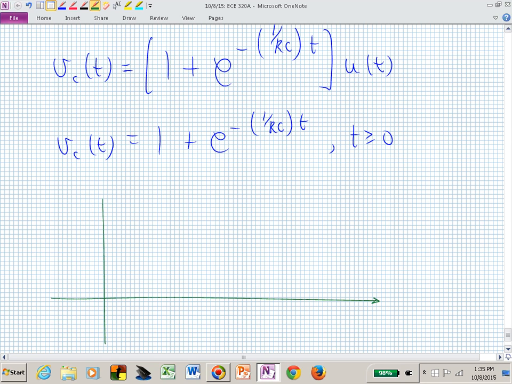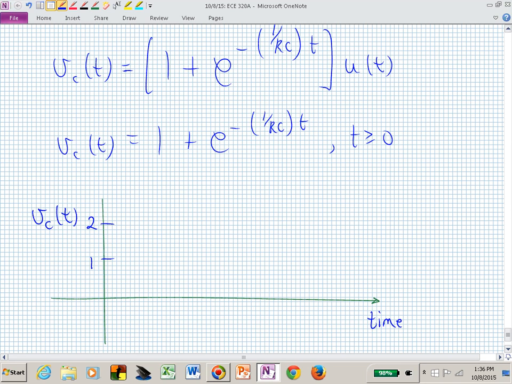Where are we starting? We're trying to sketch V sub c of t versus time. Where did we say we were beginning? At 2. We said our initial capacitor voltage was 2. That equation for V sub c of t better be consistent with what we were given.